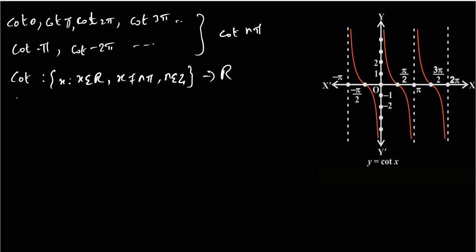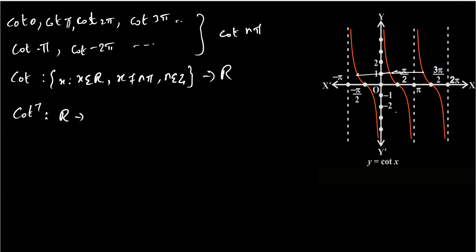If we flip this cot function to get the cot inverse function, the whole set of real numbers becomes our domain. For the range, we should not take the whole region of the cot function. If we take the whole region, suppose at this point the value is 1, at this point also the value is 1, and at this point also 1.